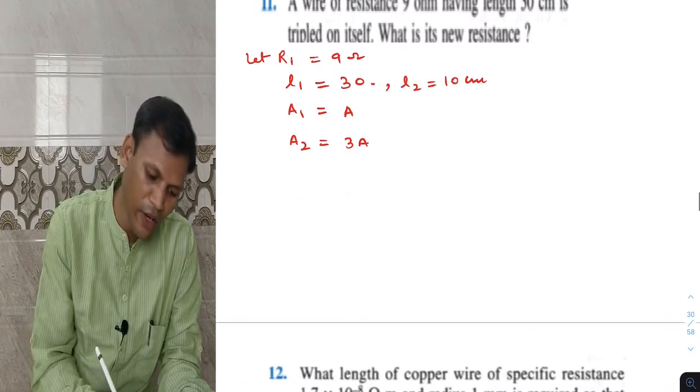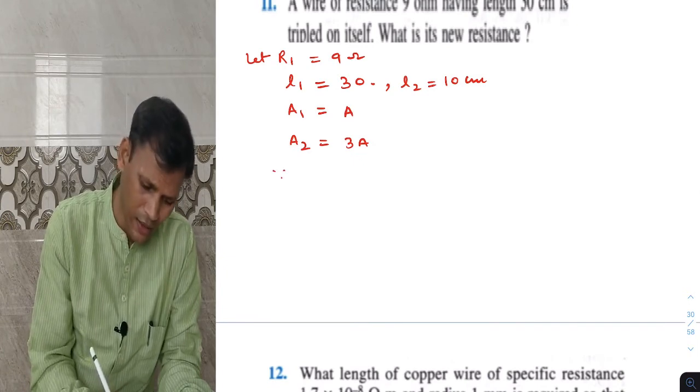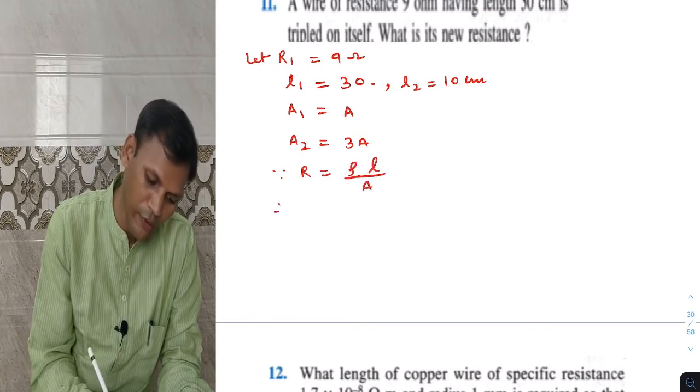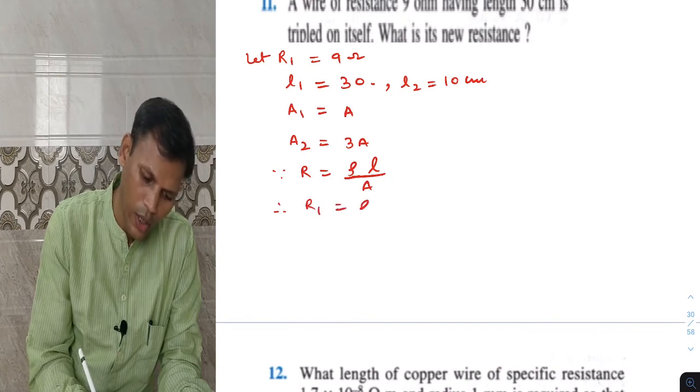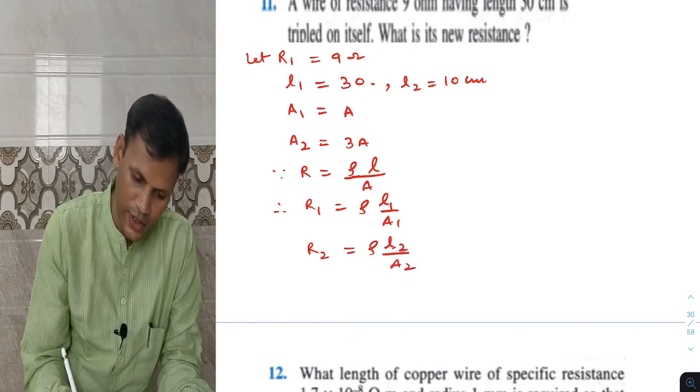So now we have the formula: resistance R is equal to rho L by A. So R1 will be rho L1 by A1 and R2 will be rho L2 by A2. We can divide these two.